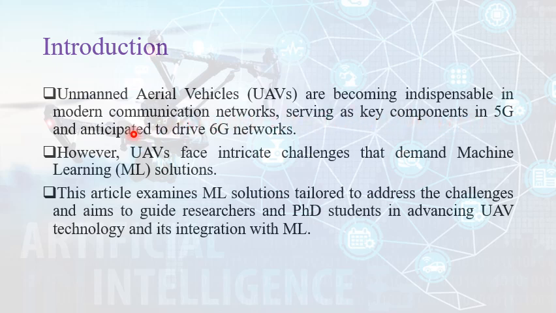And UAVs are envisioned to drive 6G networks. For example, they play a key role in a space air ground network and will have a critical role in 6G networks. However, UAVs face intricate challenges that demand machine learning solutions.